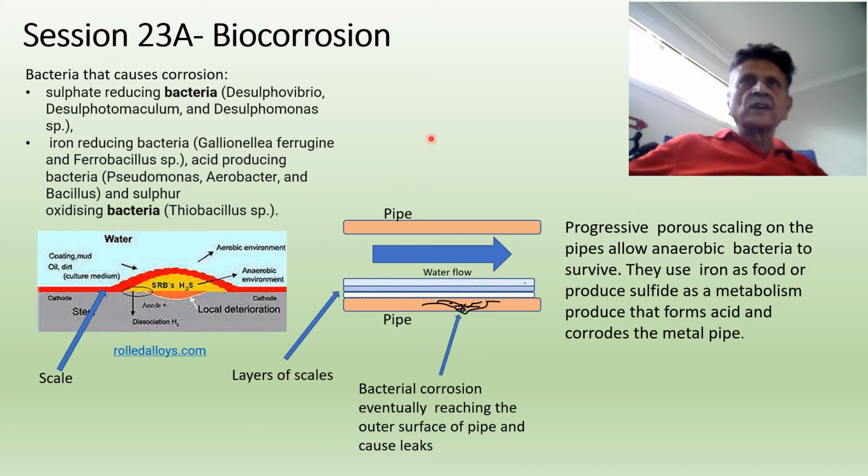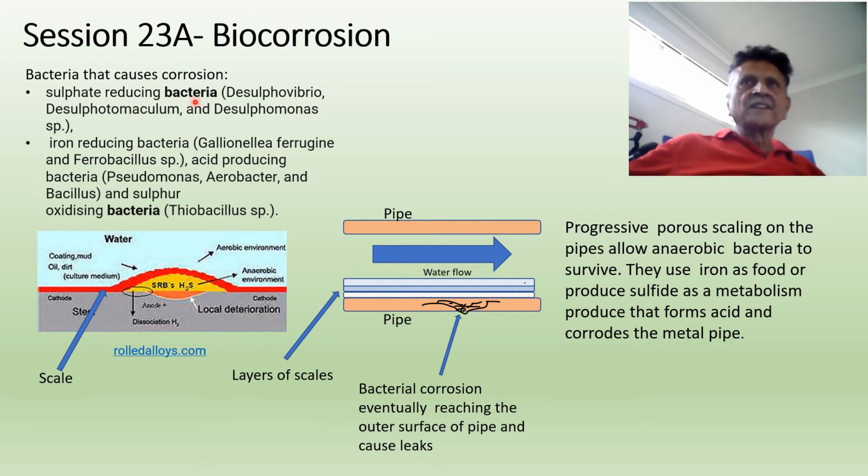This slide gives you a bit more information on the biocorrosion. The type of bacteria called sulfate-reducing bacteria are named Desulfovibrio, Desulfotomaculum, or Desulfomonas species. These are the types of species that metabolize sulfur.